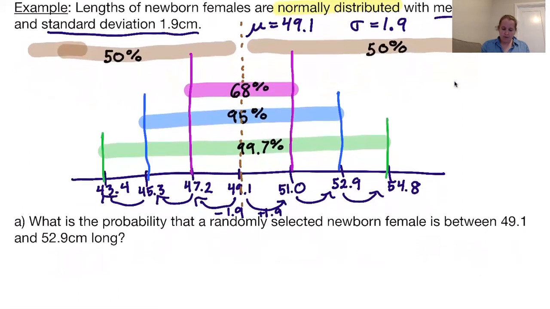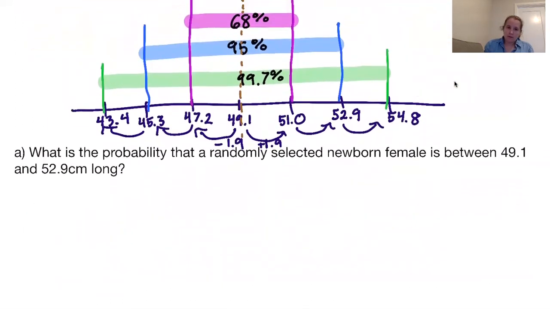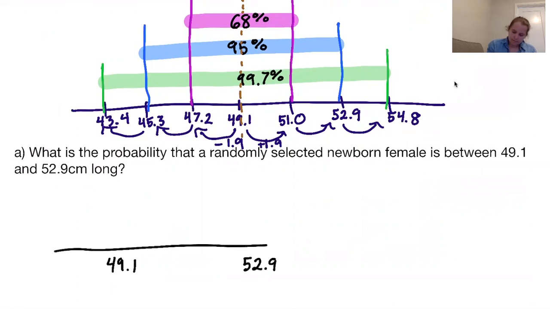So my first question is, what is the probability that a randomly selected newborn female is between 49.1 and 52.9 centimeters long? So we're looking from 49.1 to 52.9 centimeters. So our mean was at the 49.1.